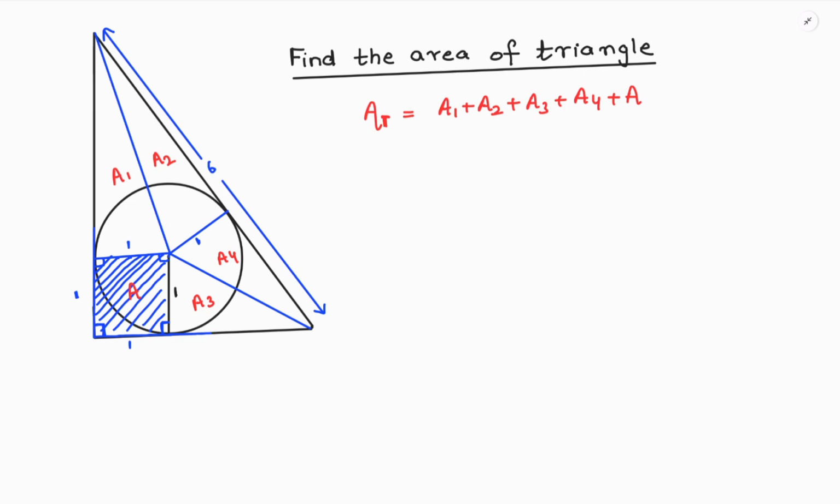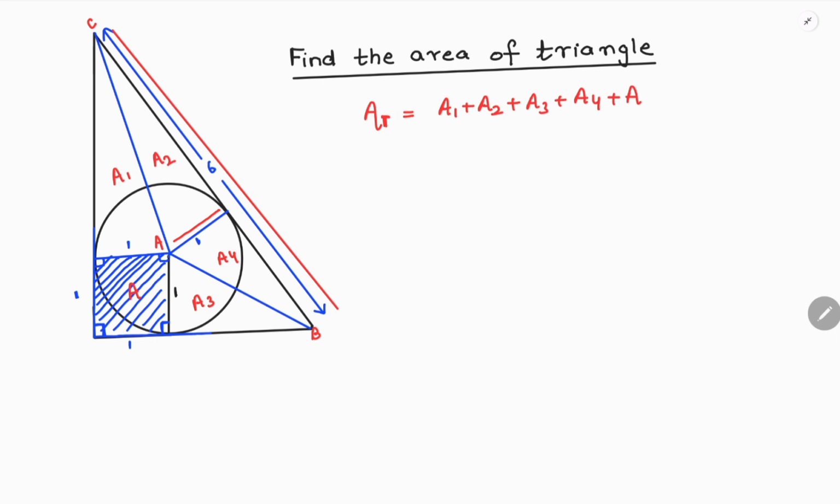If you look at this triangle, I say this point is A, this is B, this is C. For triangle ABC, we have this base and this height, so base times height lets us find the area of ABC.